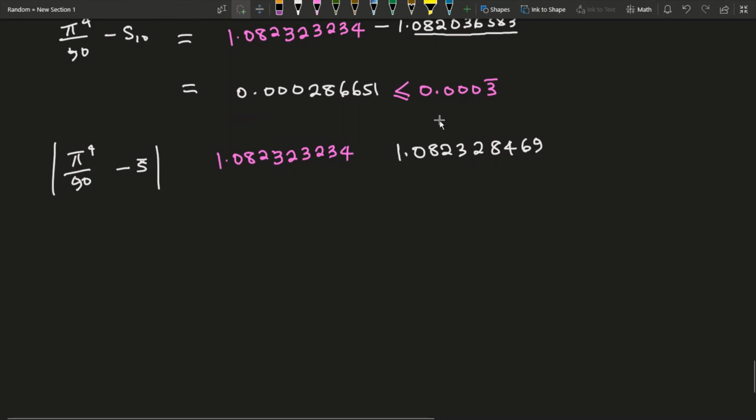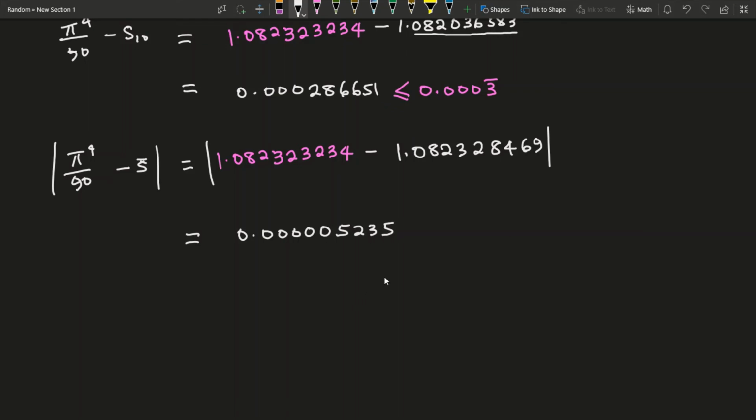So we are doing an absolute value, this minus this, to see how well we've done in using that as an estimate. And it turns out that this one is wonderful. This one turns out to be 0.000005235.